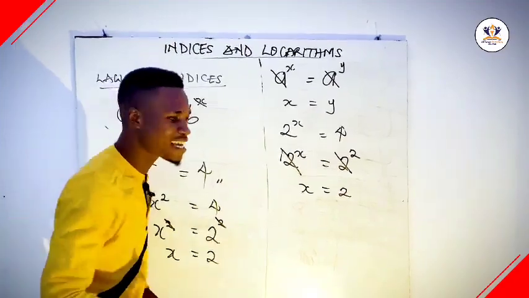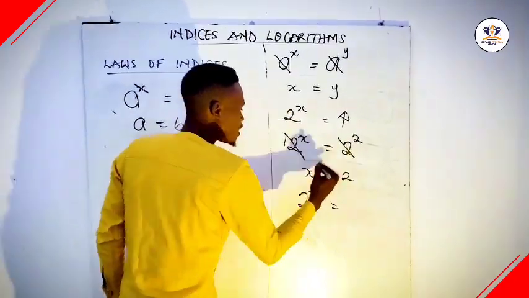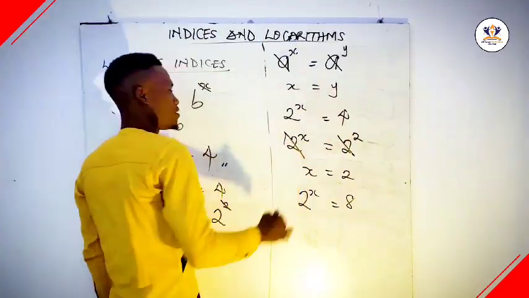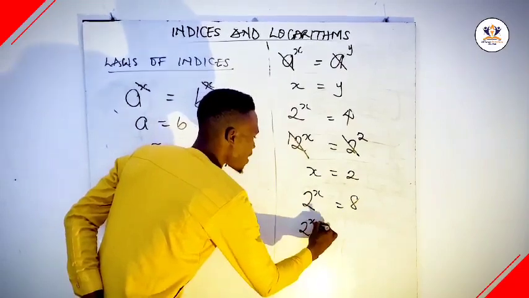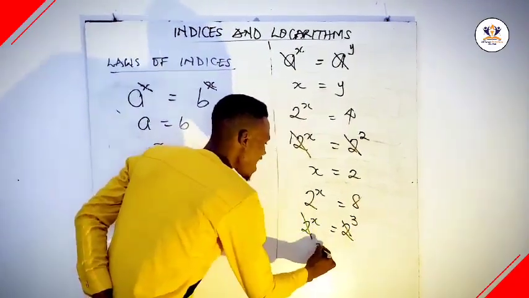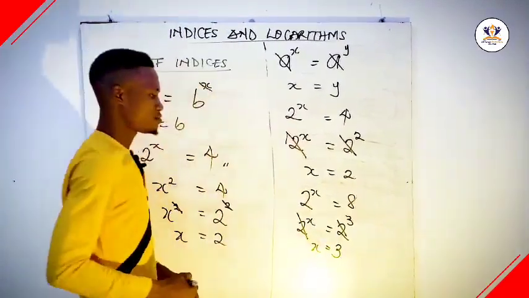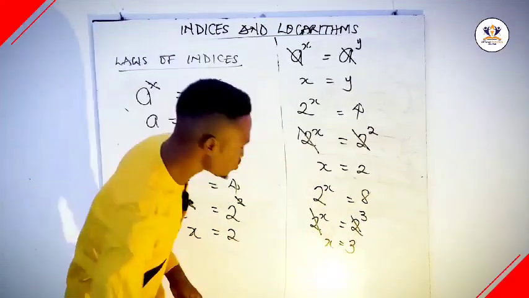Tomorrow they can give you a question whereby they just say 2 raised to power x is equal to 8, and they are asking you to find x. What will you do? You say 2 raised to power x is equal to 2 raised to power 3. Now 2 cancels 2. x will be equal to 3.